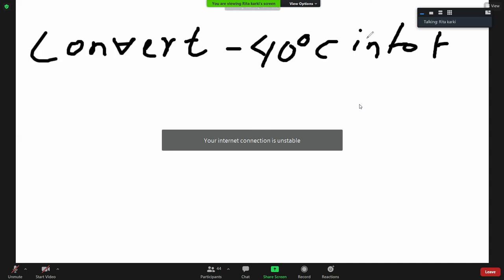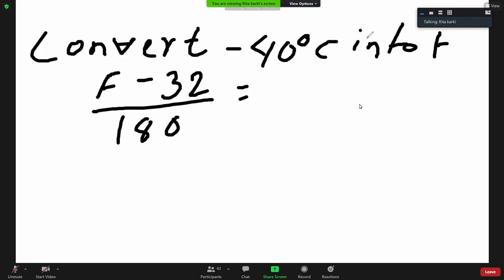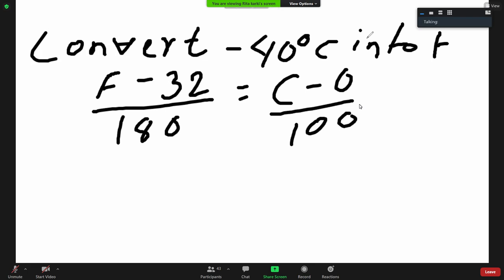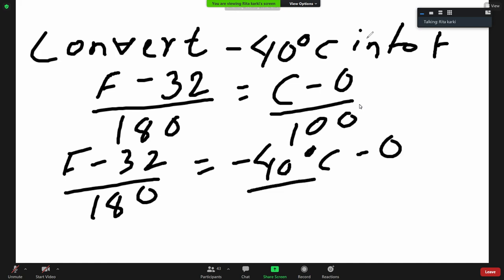The formula is again the same. For your easiness, F minus 32 upon 180 is equal to C minus 0 upon 100. You can reverse this also. Clear? Now F minus 32 upon 180 is equal to minus 40 degree centigrade minus 0 upon 100.